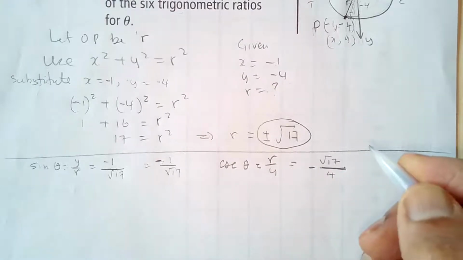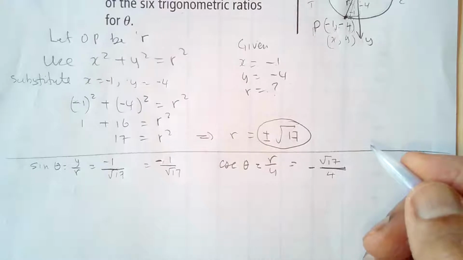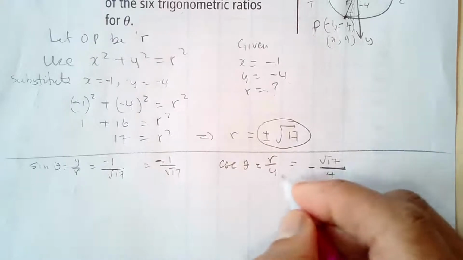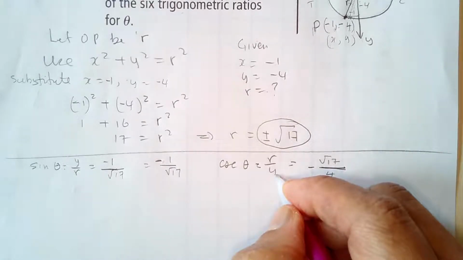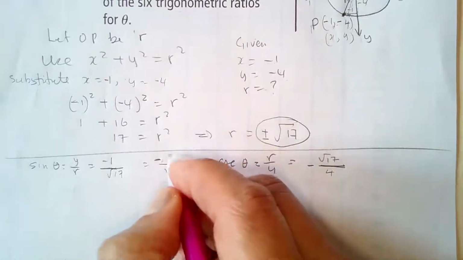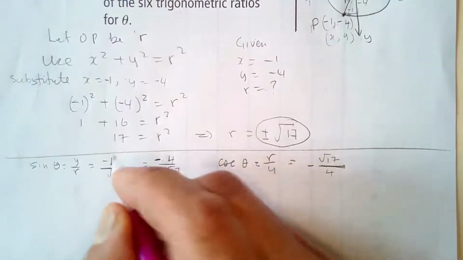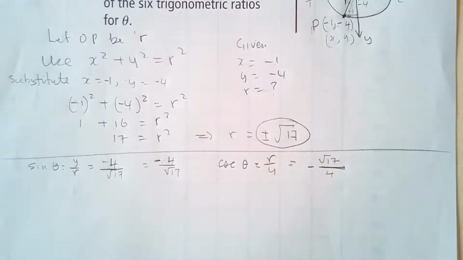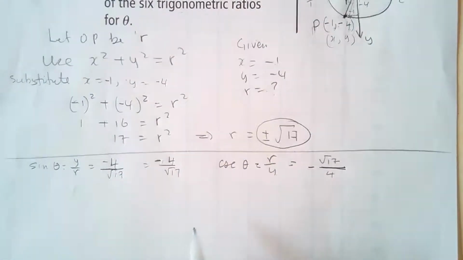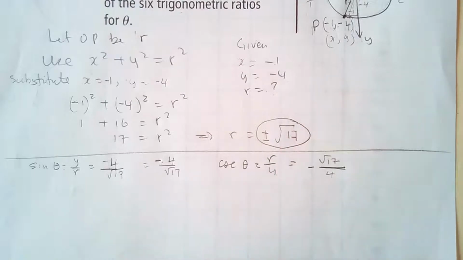Make sure you have your signs. Cosecant is, now y is what? -4. Oops, sorry, it's a -4 here. Now, transferring my data correctly here.